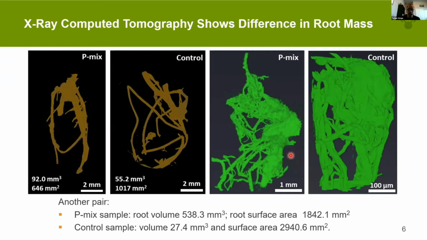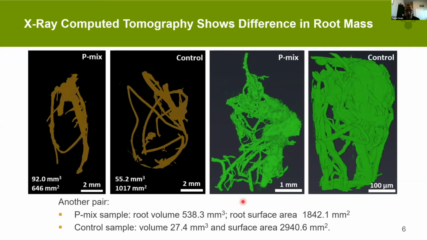Some of the roots were taken for CT imaging. On the left, these are whole roots that were imaged in the lab at EMSL, and we also imaged small sections at high resolution at the ALS 832 beamline micro-CT.